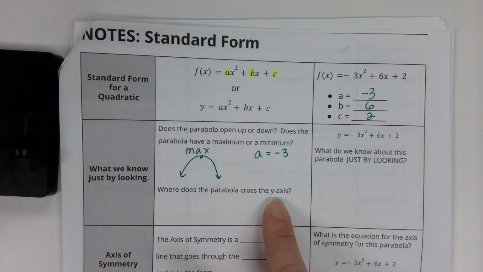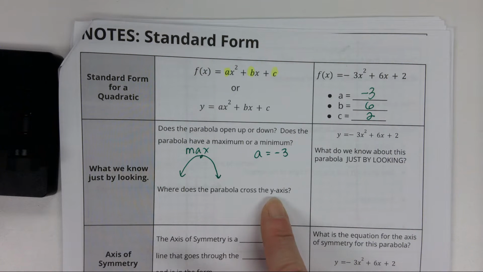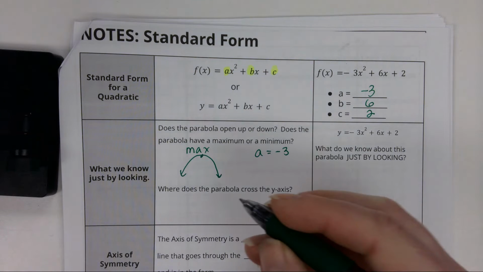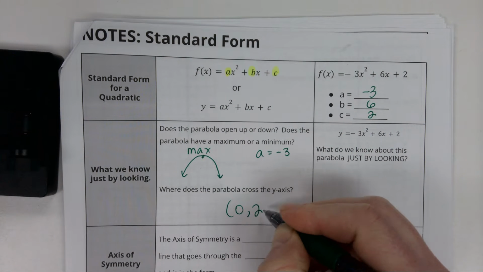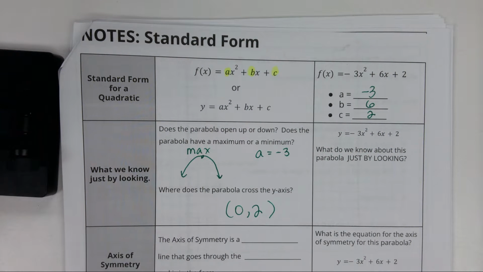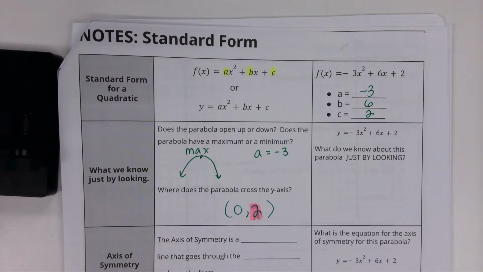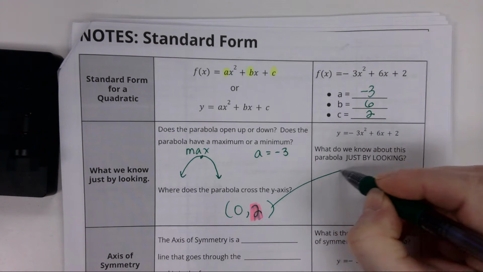So that last number is also going to tell you its y-intercept, where it crosses the y-axis. So this crosses at 0, 2. In other words, it's going to cross at C for this one. So 2 because of this, right there.